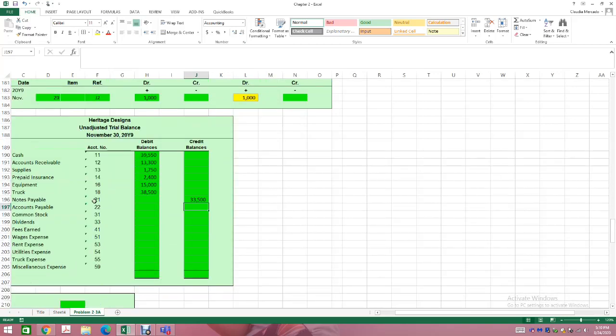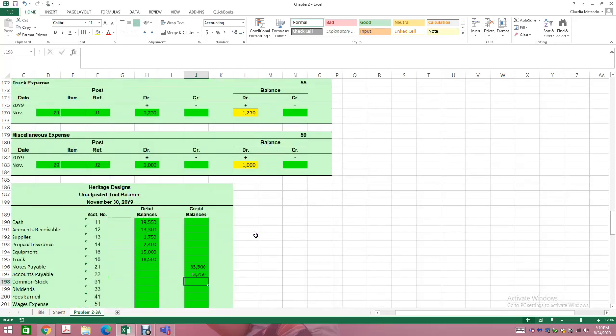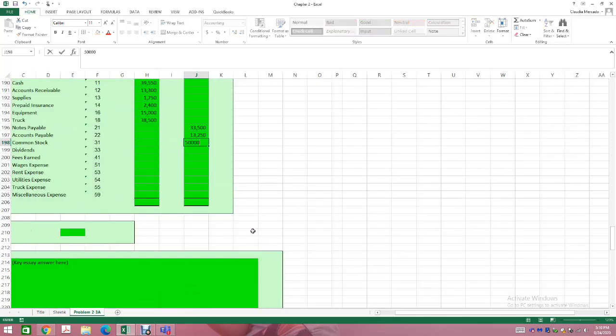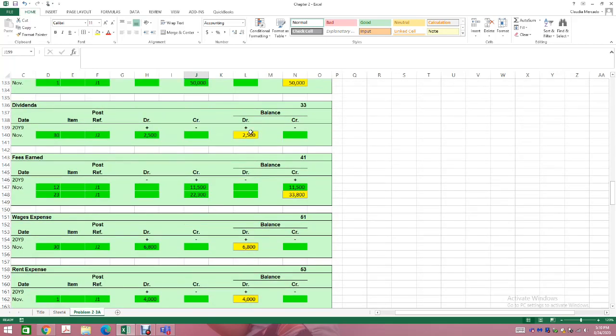The next one we have is common stock, $50,000 credit. Then we have dividends, $2,500 debit.